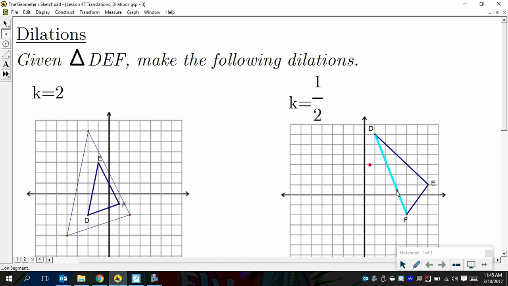Multiply 1 by 1/2 and get 1/2. There's E prime. And F is 4, -2. 4 by 1/2 is 2. -2 by 1/2 is -1. And what I end up with is a triangle that is half the size of the original.